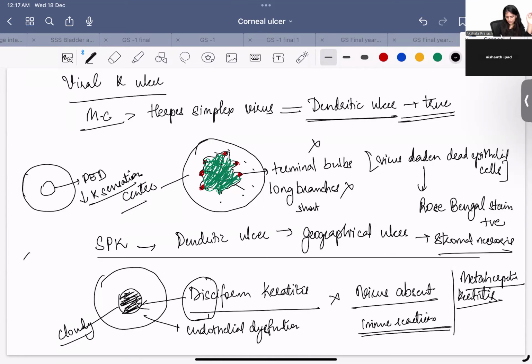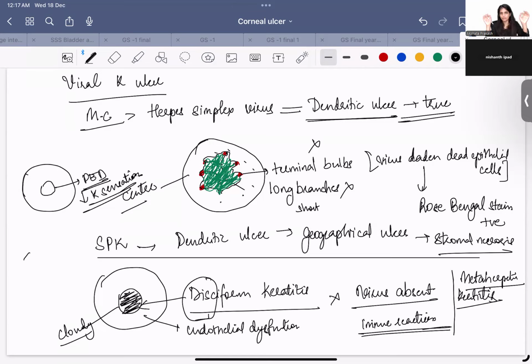K is the term used for cornea everywhere. Do not get confused. You have decreased corneal sensation and the epithelial defect just doesn't heal. The new epithelial cells don't migrate and it doesn't heal. That is when we term it metaherpetic keratitis. It is very specific for your virus keratitis.